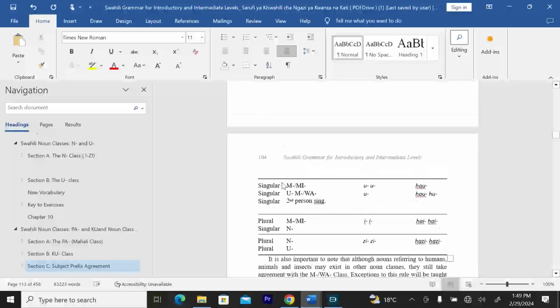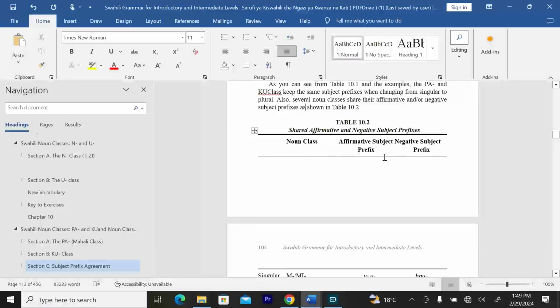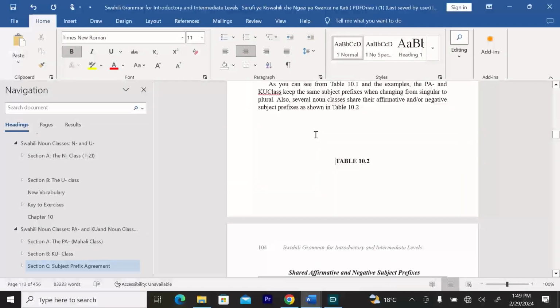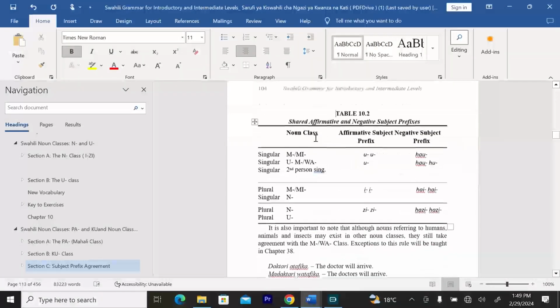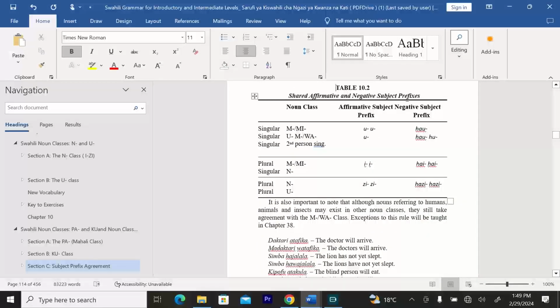We have the singular noun class, affirmative. We have the shared affirmative and negative subject prefix. Noun class, affirmative subject prefix and negative subject prefix. We have singular and we have plural.